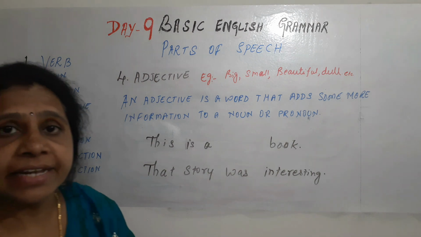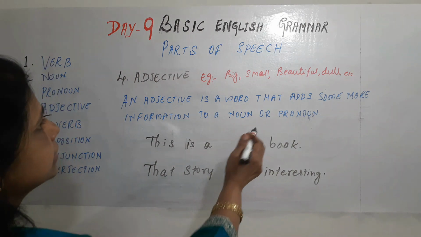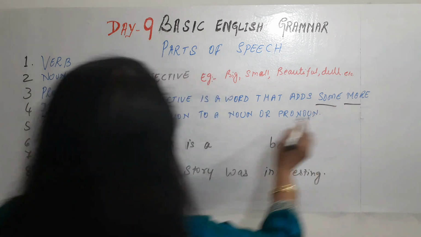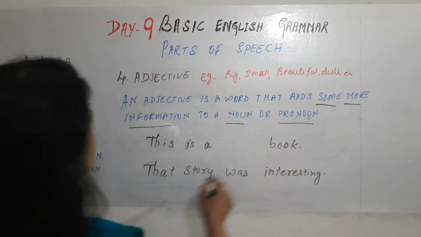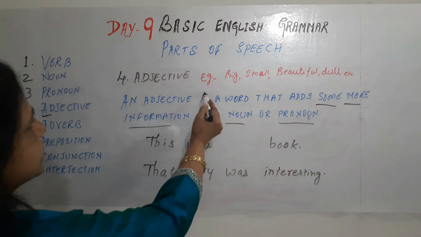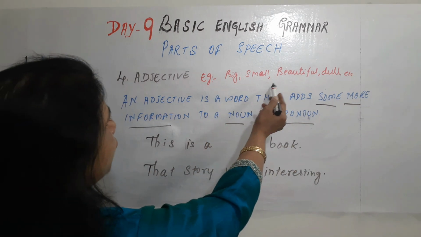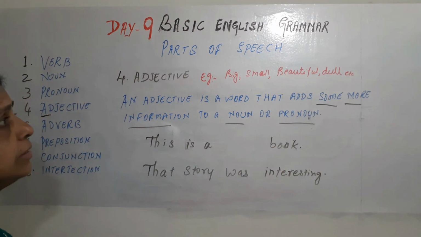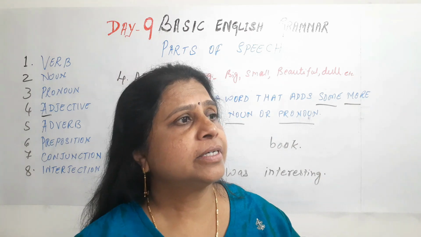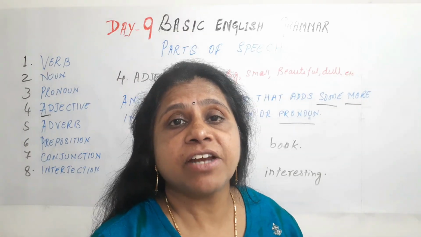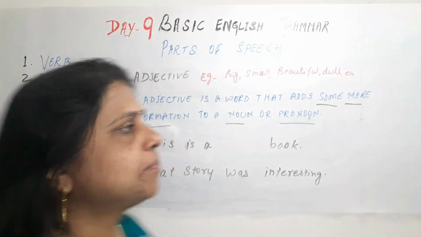What is adding? It is adding some more information to a noun or to a pronoun. You can see examples: big, small, beautiful, dull, long, thin. They are giving extra information to a noun or to a pronoun.